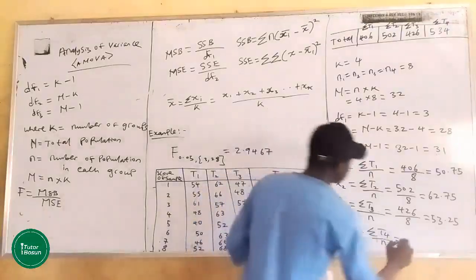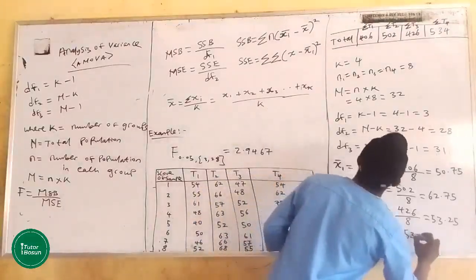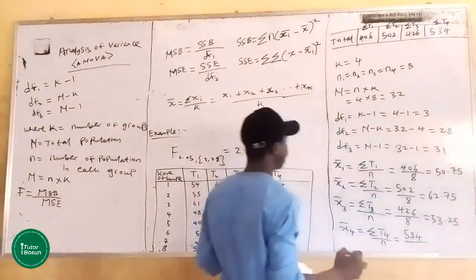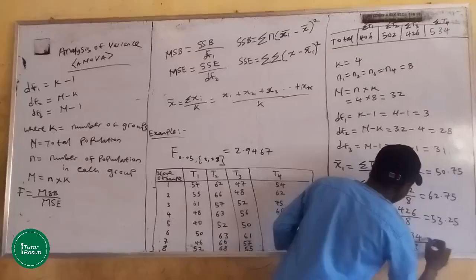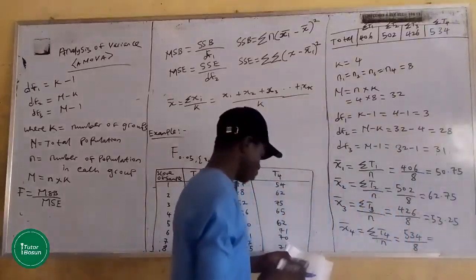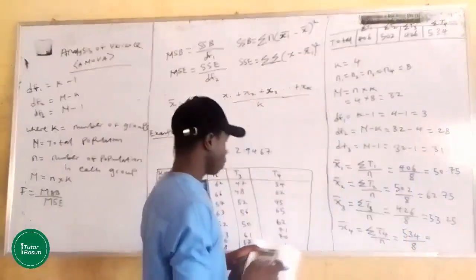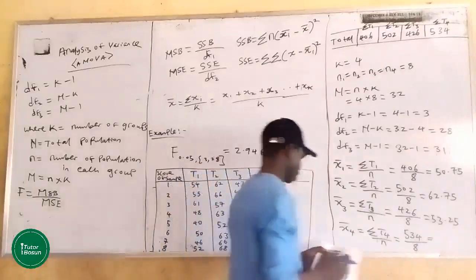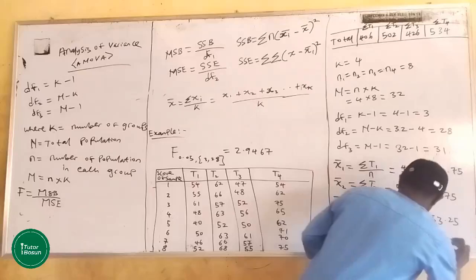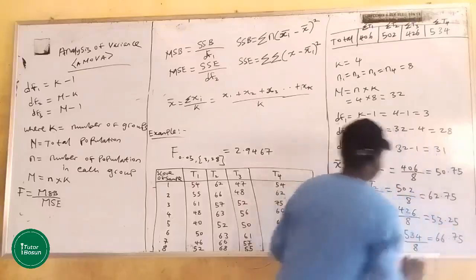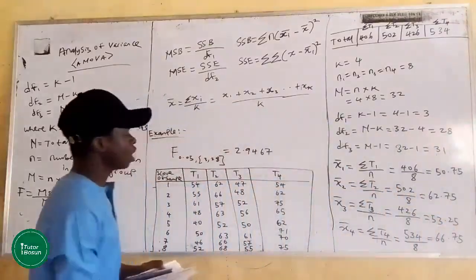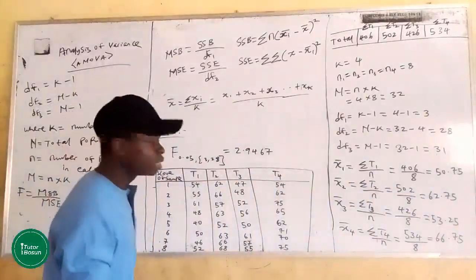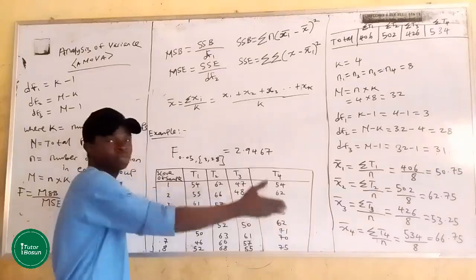Summation T4 is 534, divided by 8, and that gives 66.75. So we are able to get the means between each group.